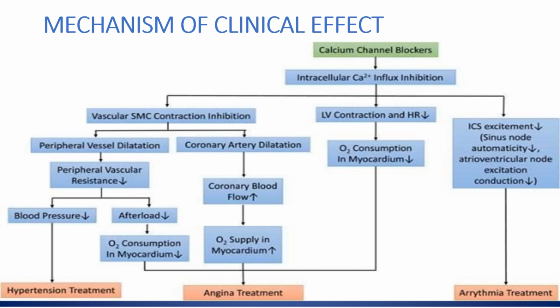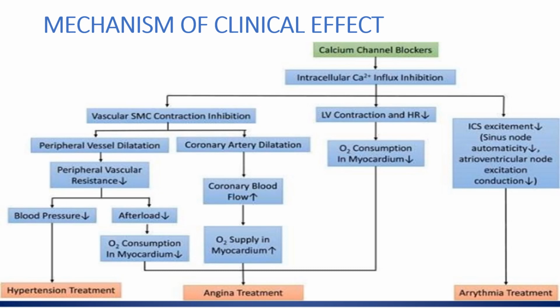Now when we have decreased vascular smooth muscle contraction, we have dilatation: peripheral vessel dilatation and coronary artery dilatation. By dilating the peripheral vessels, we are decreasing peripheral vascular resistance, ultimately decreasing the blood pressure and afterload.